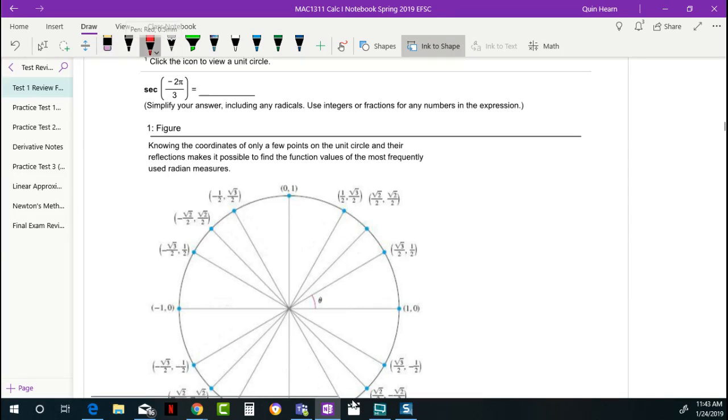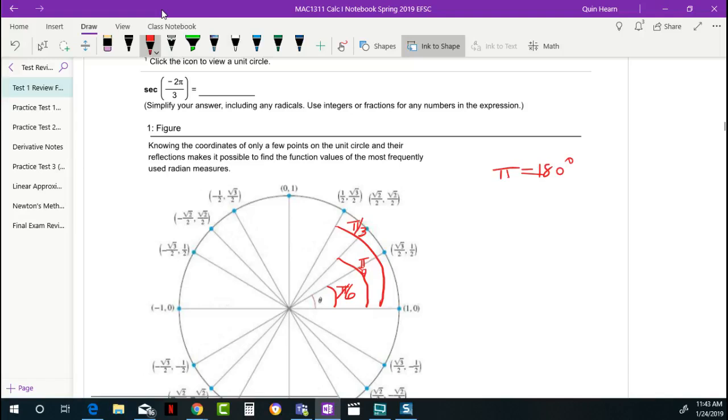The angles are all going to be multiples of these 3 angles in quadrant 1, which are pi over 6 and pi over 4 and pi over 3. Right, so 30 degrees, 45 degrees, and 60 degrees. Remember, pi is 180 degrees.